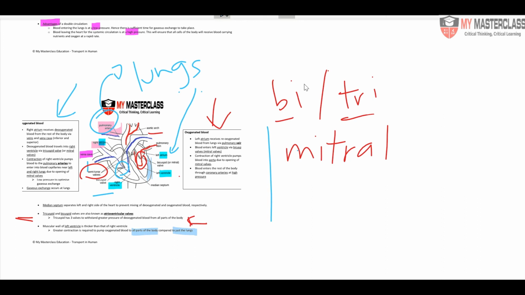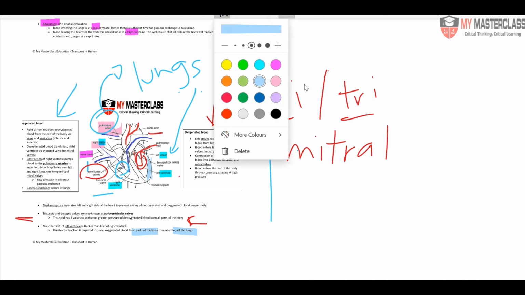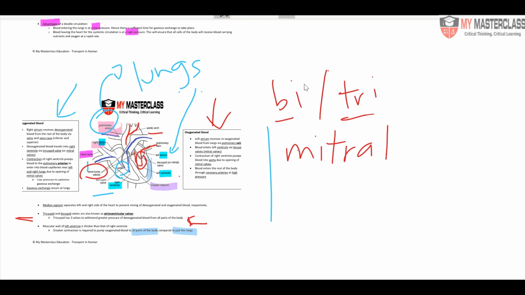Now, the septum that you see here is the one that separates the left and right side of the heart. Some people are born with a hole in the septum, which increases the risk of blood exchange between oxygenated and deoxygenated blood.